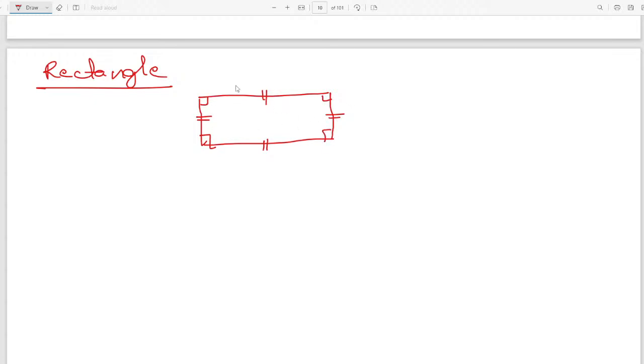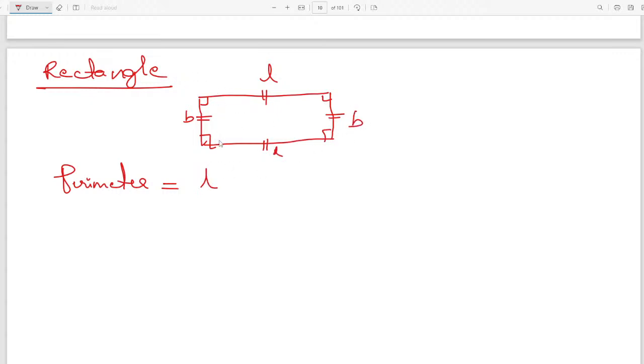This is a rectangle. Let this be the breadth and let this be the length. The perimeter of a rectangle is equal to, this is L, B, this is L and B.